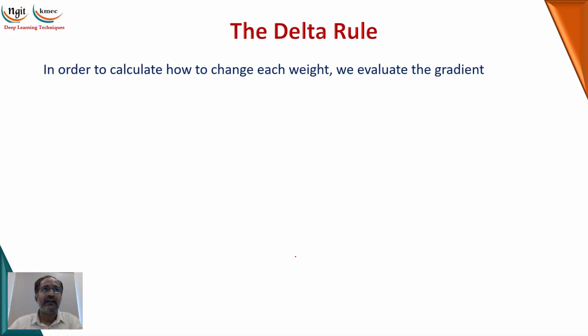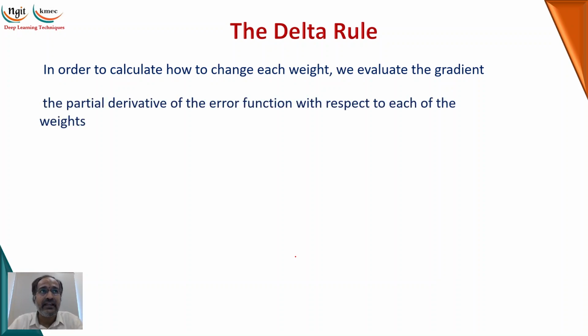Now we have to go with the delta rule. This is also another important point to be considered before going into the gradient descent algorithm. Delta rule means, to calculate each and every weight, we have to evaluate the gradient.